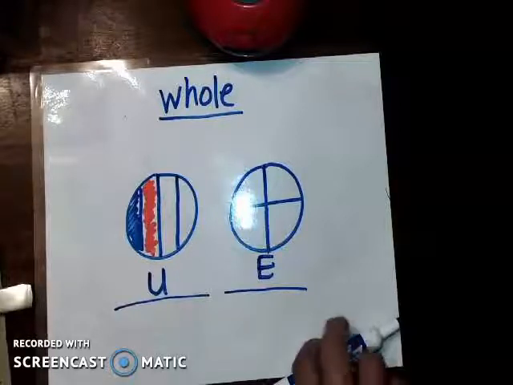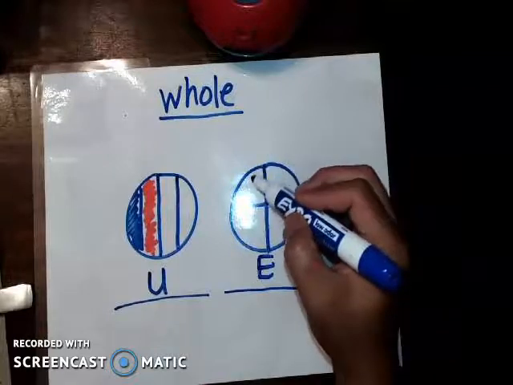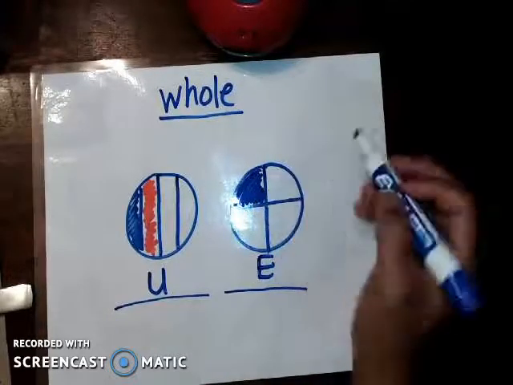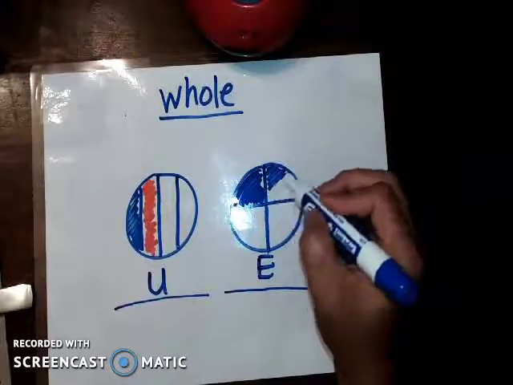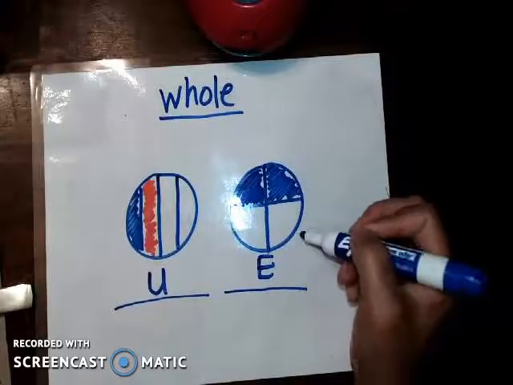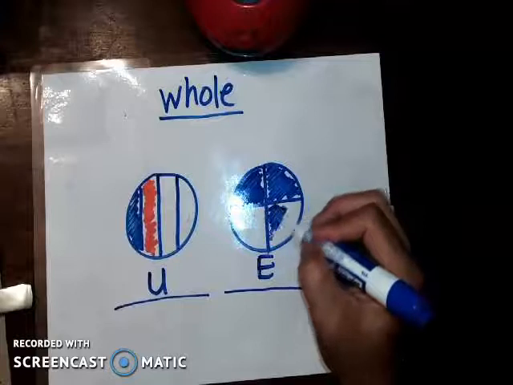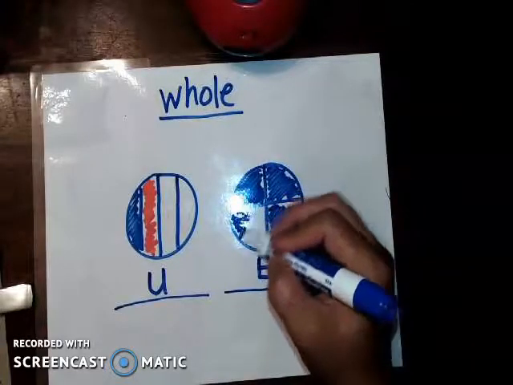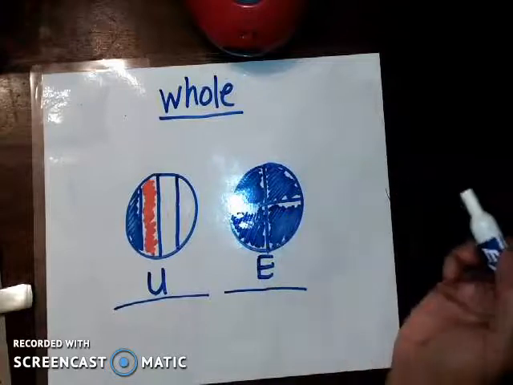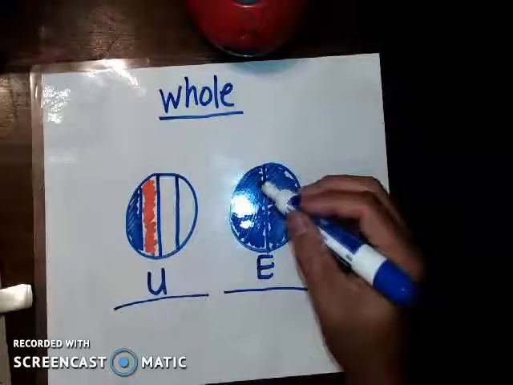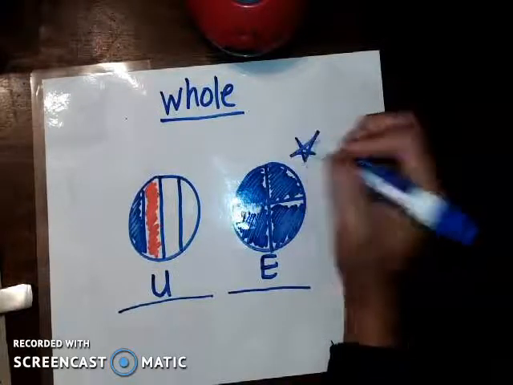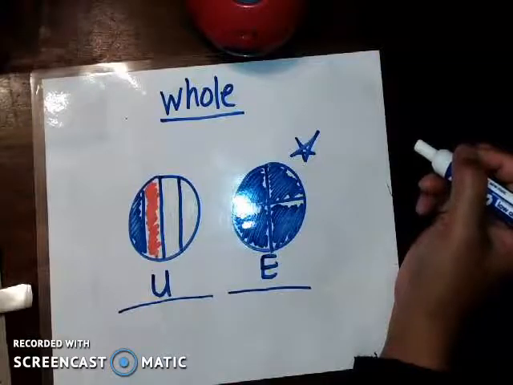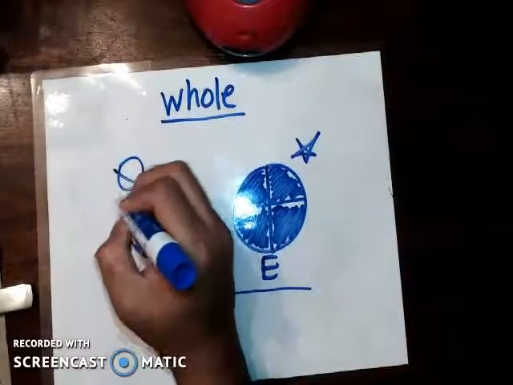Now take a look at this right over here. This piece is equal to this piece, which is equal to this piece, and is equal to that piece. And you can color yours in if you like to. Because all four are equal pieces, this one would be equal parts of a whole. This one is not equal parts of a whole.